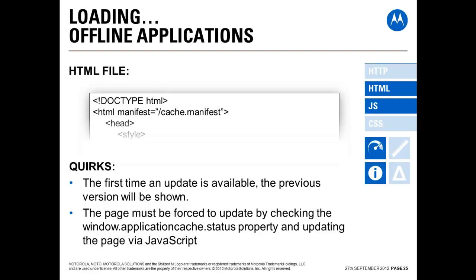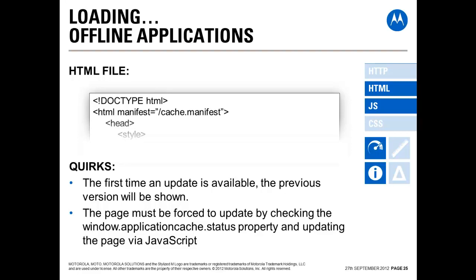So a quirk of HTML5 offline applications is that if the browser contacts the server and realizes that the cache manifest file is different, it will have already loaded the previous version in the browser. And so what it will do at that point is then download every single resource in the cache manifest file.